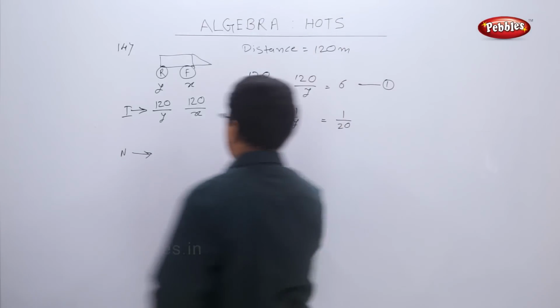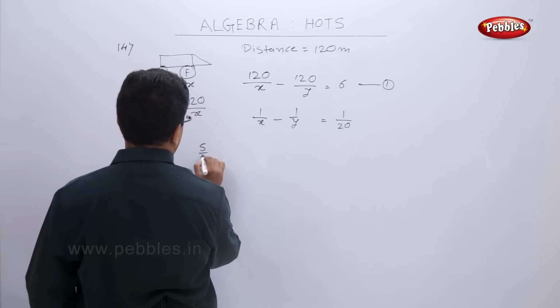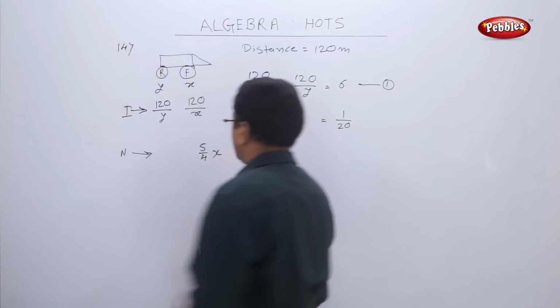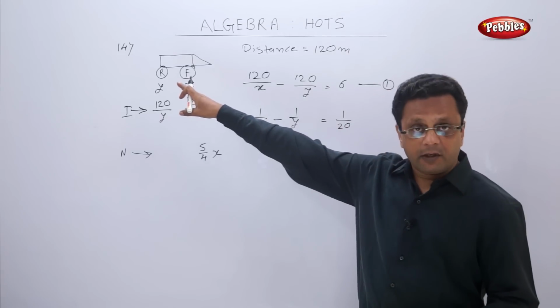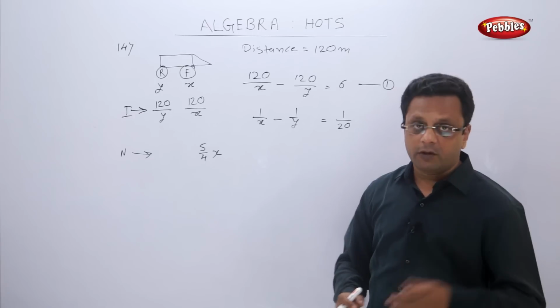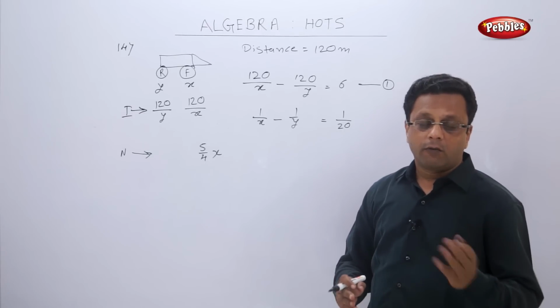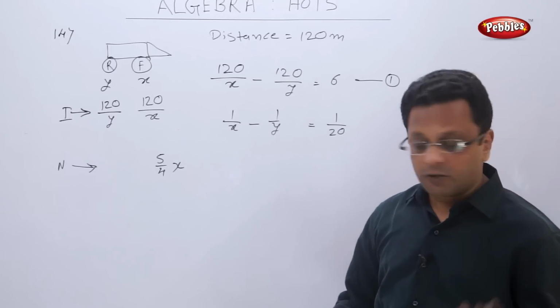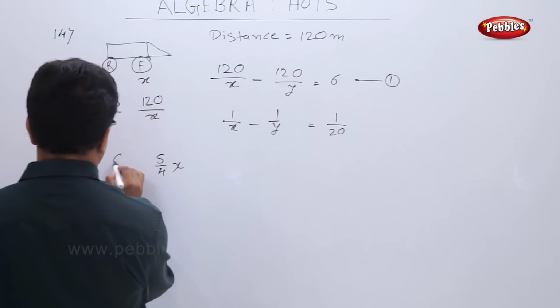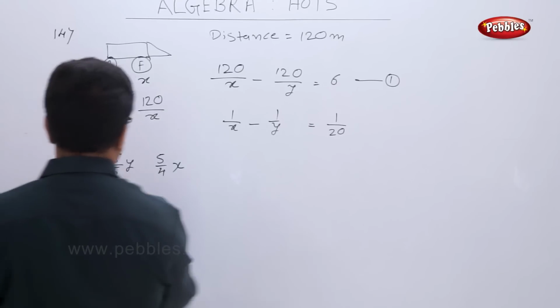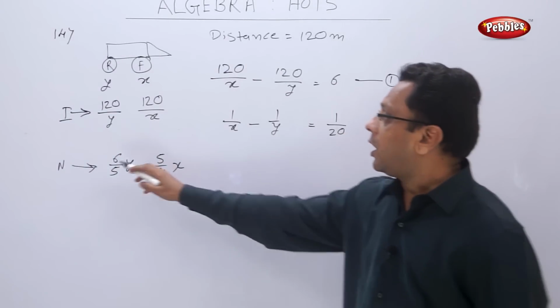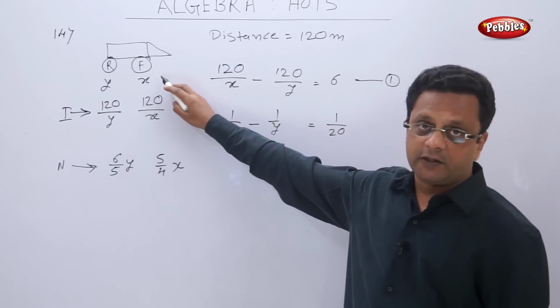So the new circumference will be 5/4x, and in case of the rear wheel it is increased by 1/5, so 1 plus 1/5 is 6/5y. So these two are the new circumferences.